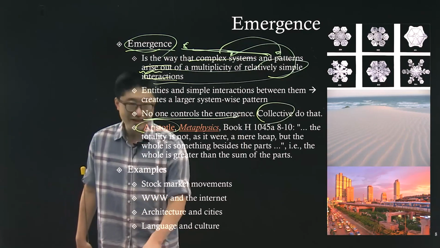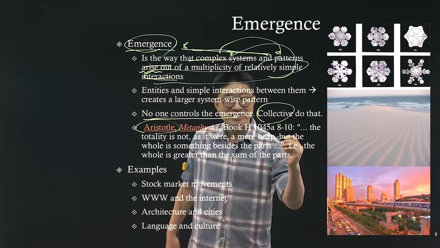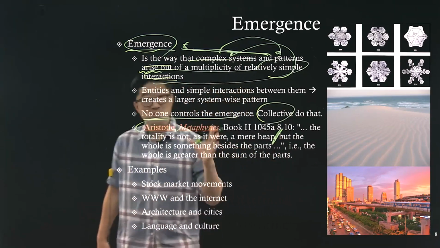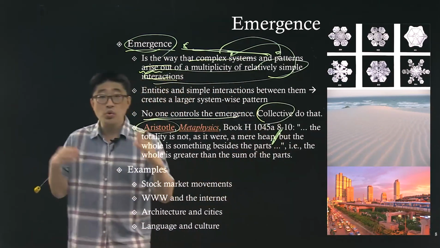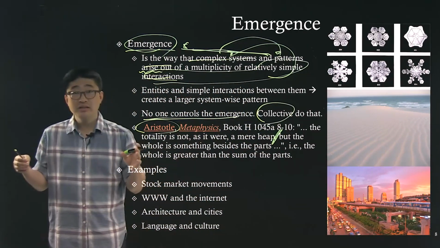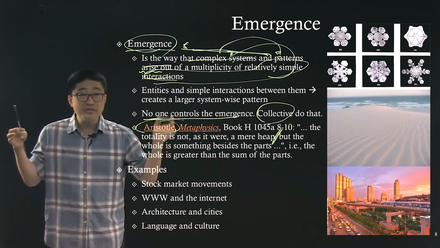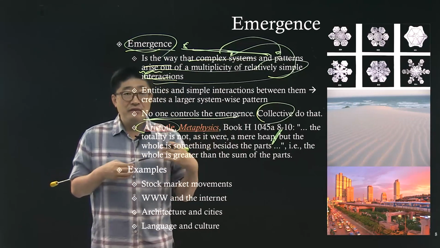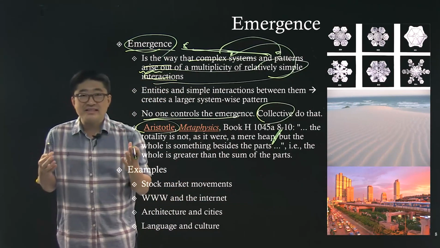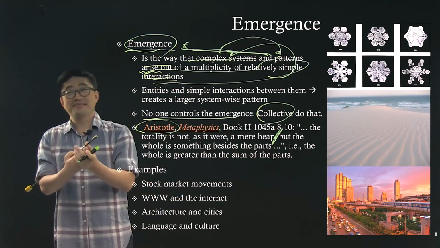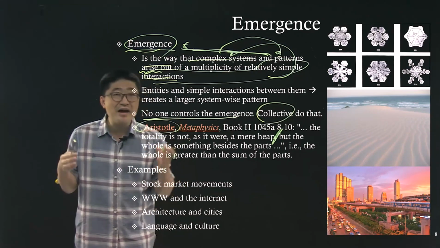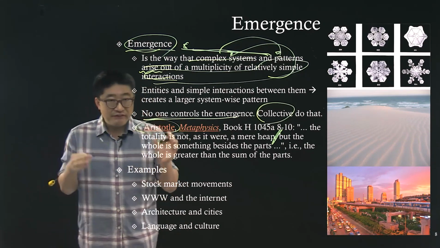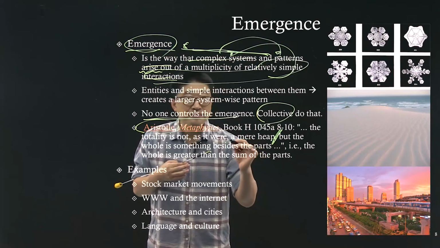Okay, so I'm now being an English teacher here. So this is one sentence, right? The totality is not a mere heap, as it were. It says the totality is not defined as a mere heap.